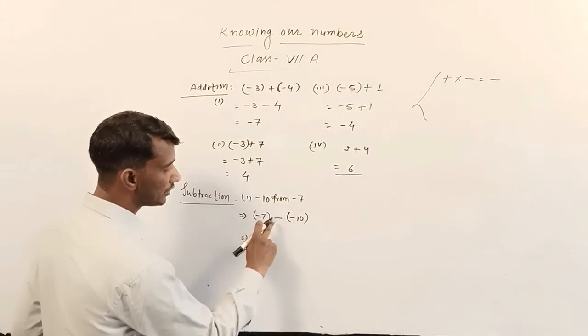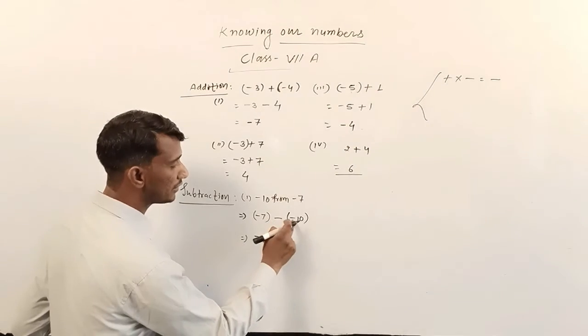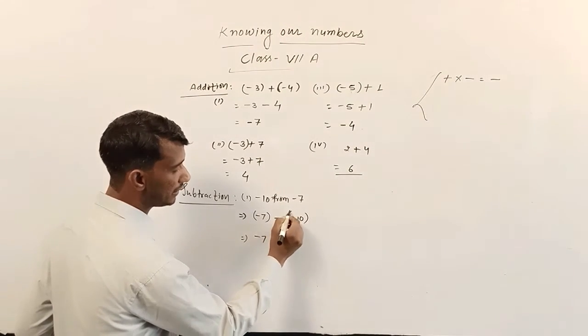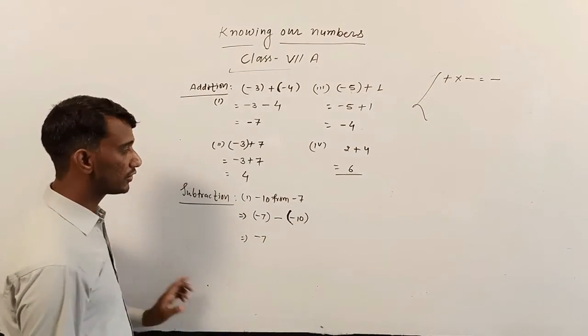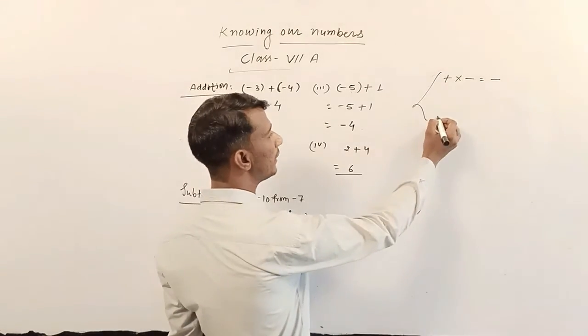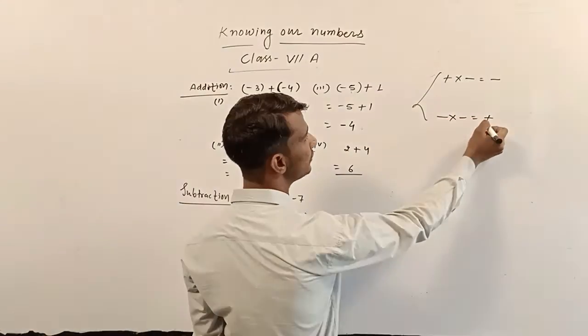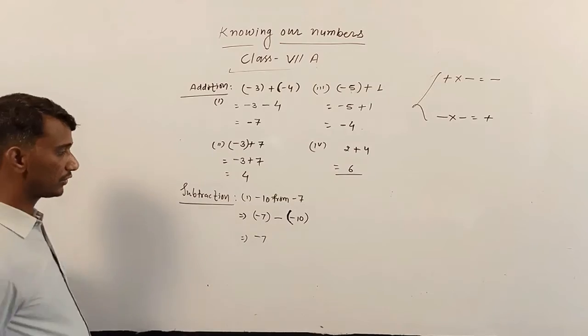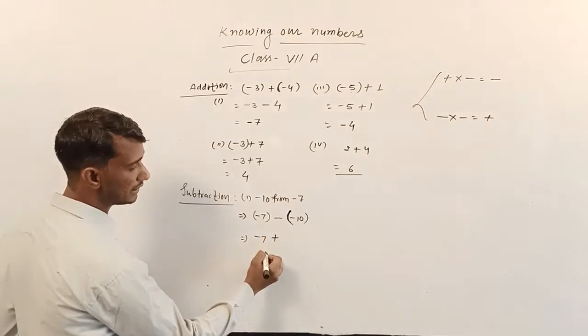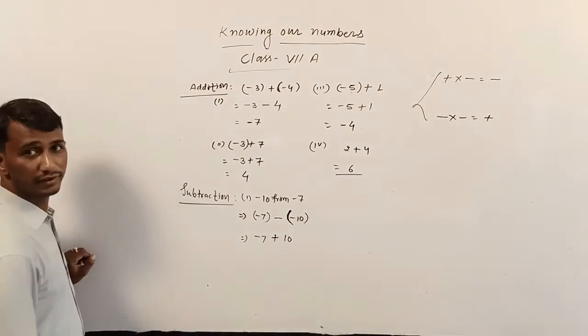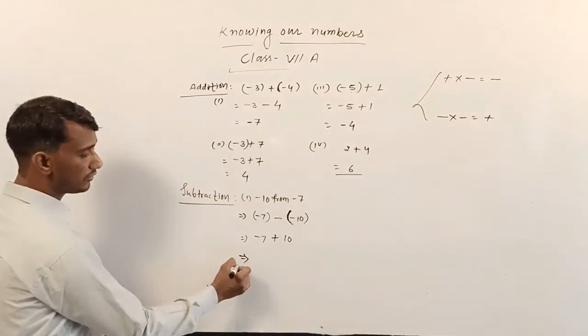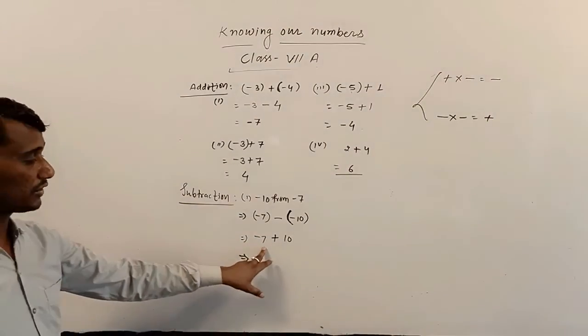-7 minus bracket minus, and the bracket indicates multiplication, so easily you can write minus multiply minus gives positive. So minus into minus is plus 10. Okay student, now what is this saying?